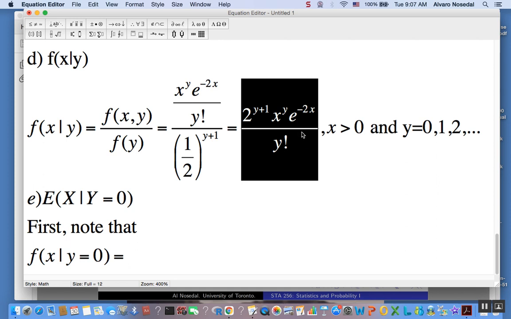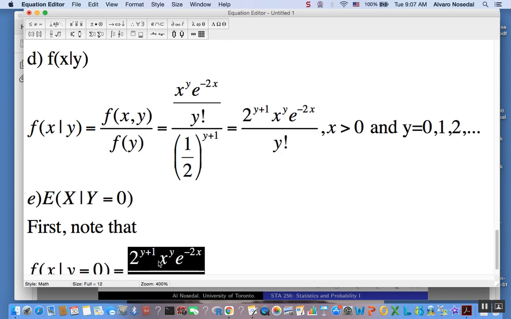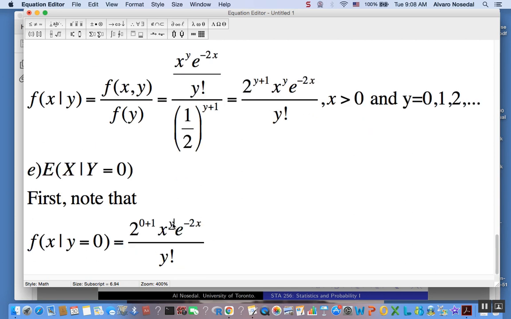I'm going to be super specific here, plugging in. So in the end, at first it looked kind of scary, right? But once you have the y that you need, this just turns into 2 times e to the negative 2x, right?